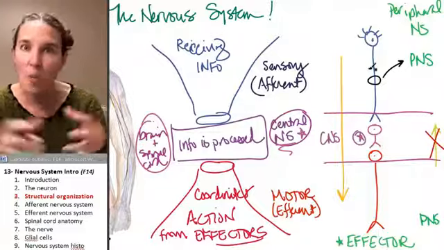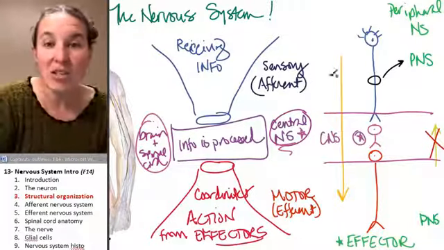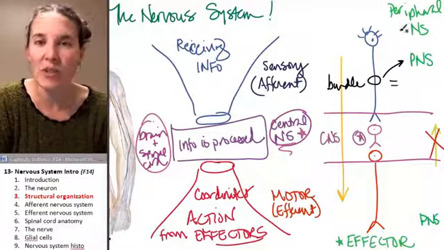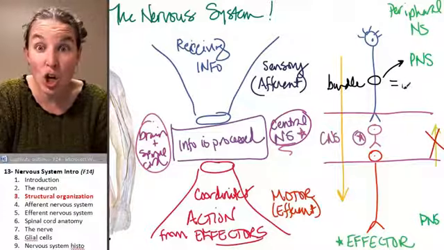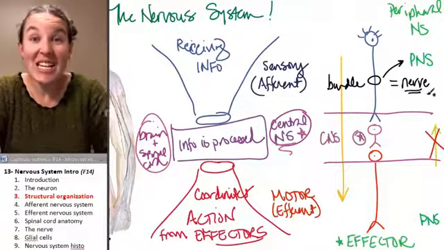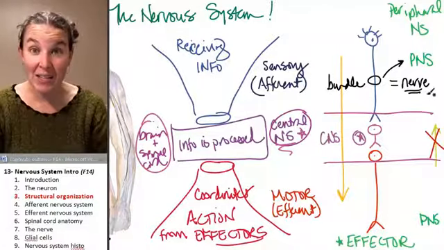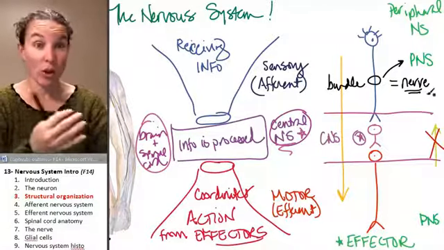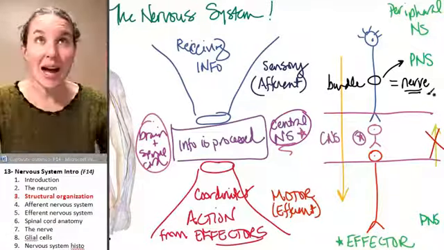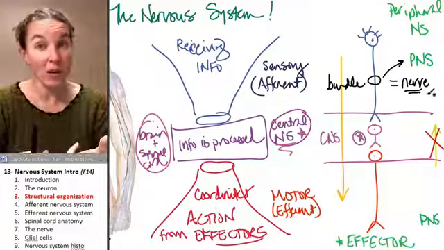If we take a whole bunch of neurons and bundle them together, a bundle of axons in the peripheral nervous system is a nerve. What? That's the definition of a nerve. It's a bundle of axons traveling through the peripheral nervous system. It's outside. It's a bundle of axons outside of the brain or the spinal cord.